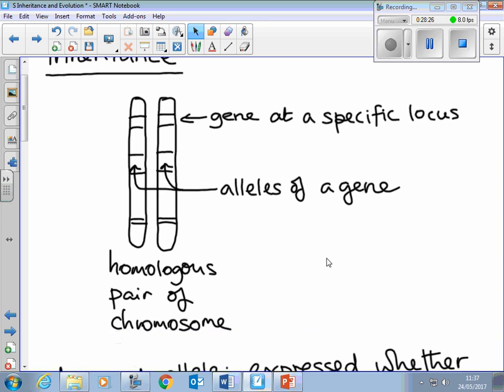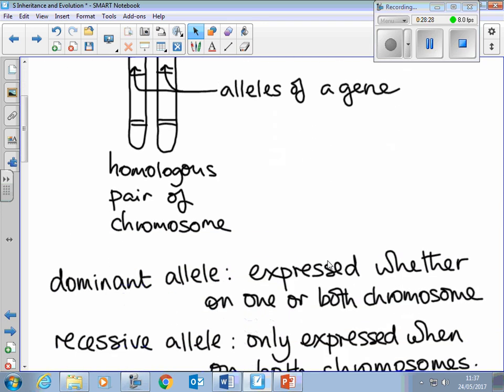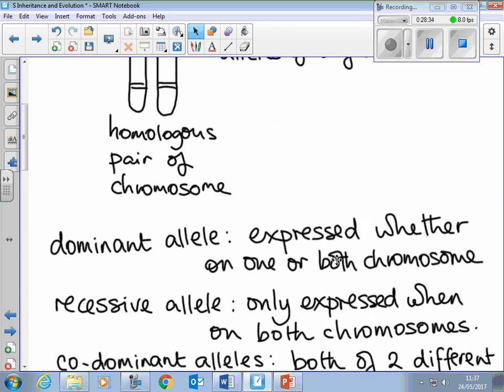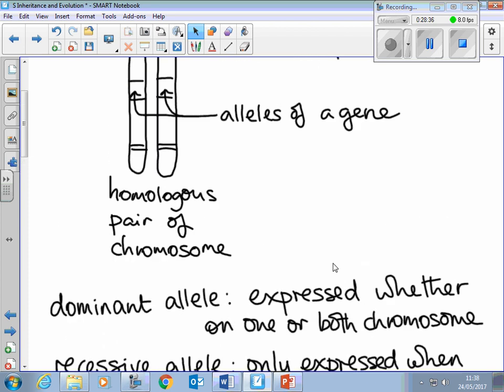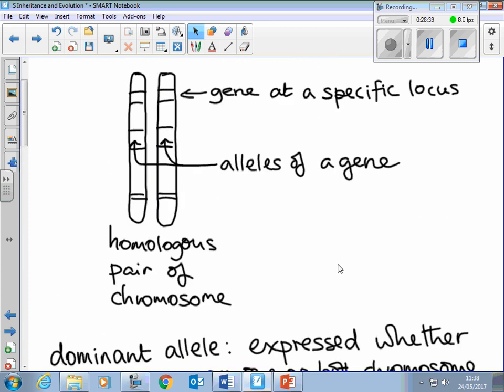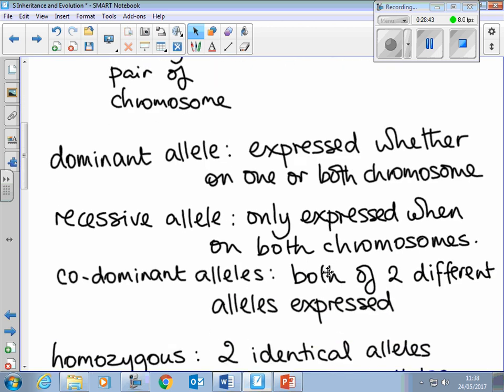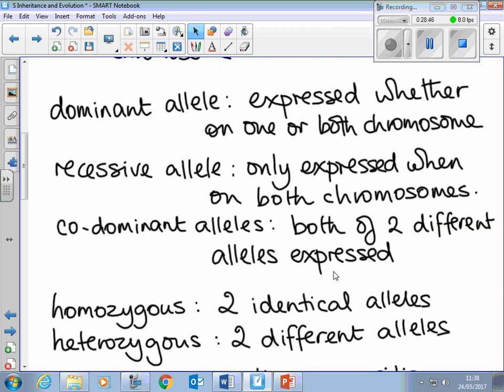So the terminology here, it's not just a matter of learning particular words, but just being really clear about what's a chromosome, what's a gene, the idea of alleles being different forms of a gene, being able to clarify dominant and recessive as not being strong and weak. It's just a matter of how many copies you need for them to be expressed.